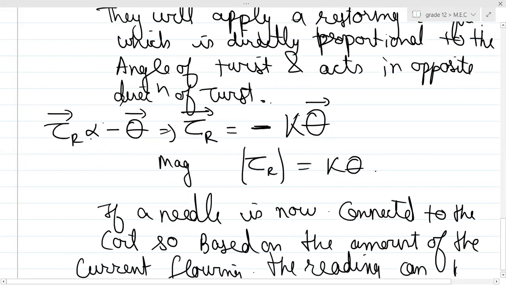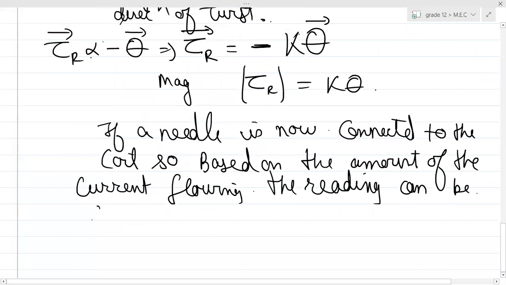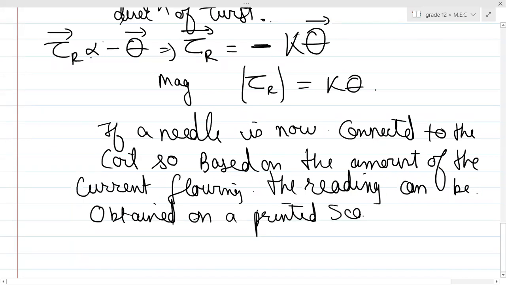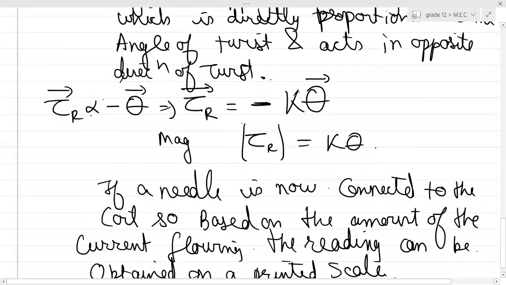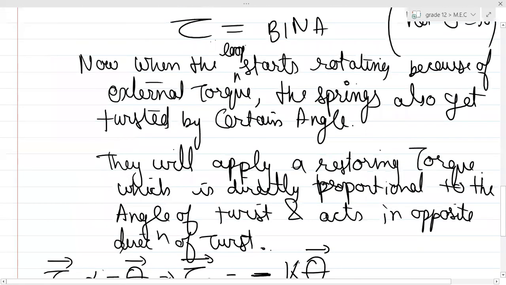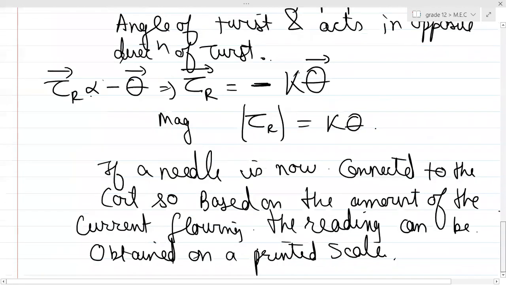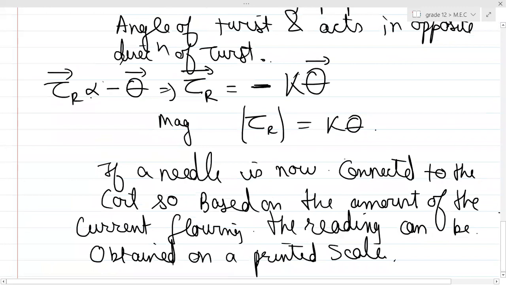So now everyone understood the working, right? Is this clear, guys? So this restoring torque will be there, and this external torque will be there. For a constant reading, this external torque and this restoring torque will be equal, right?